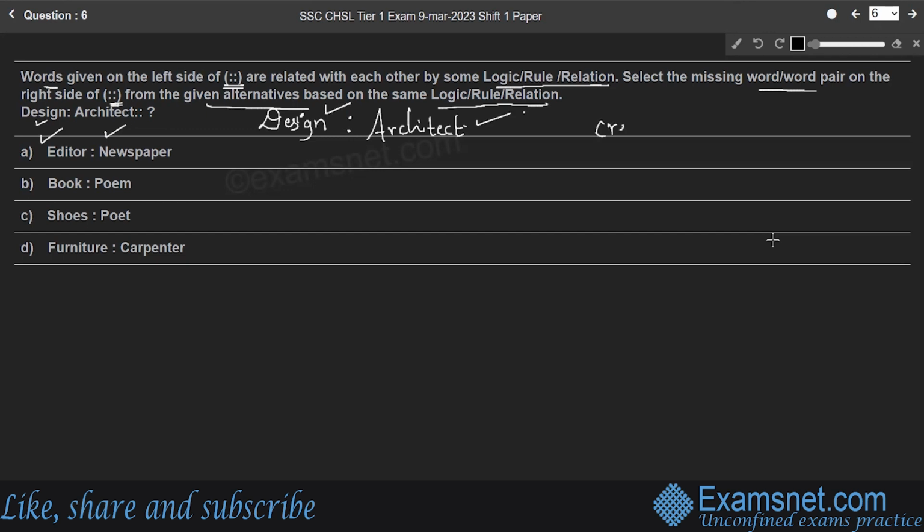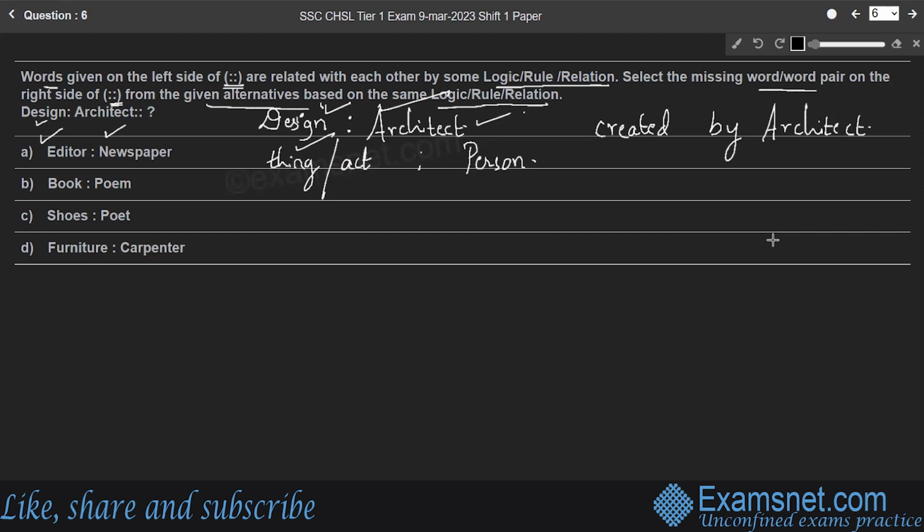So created by architect, right? Here the first word is a thing. So this can be an act also. First word is a thing or an act, and the second word is a person, right? So in the same manner, the relation between first and the second word, right?